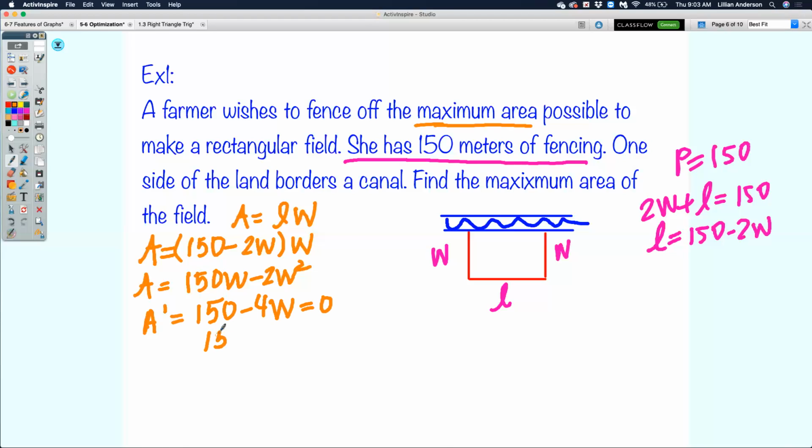I'm going to go ahead and add 4W over, so that I don't have to worry about dividing by negatives. And then divide both sides by 4. And what's 150 divided by 4? 37.5.